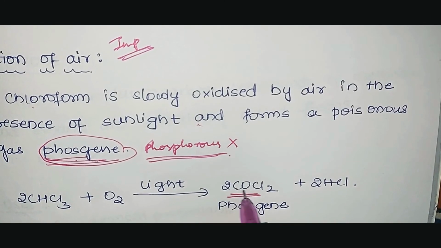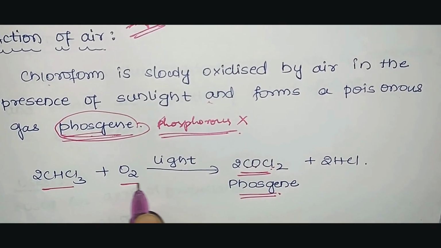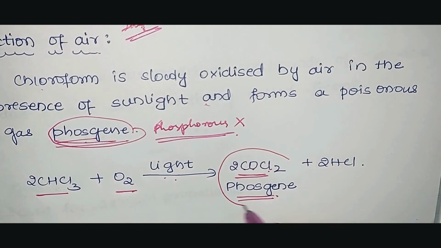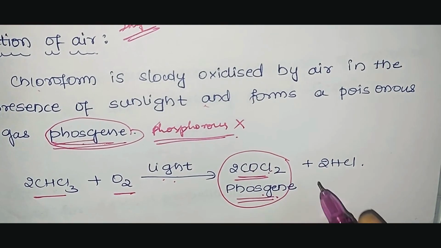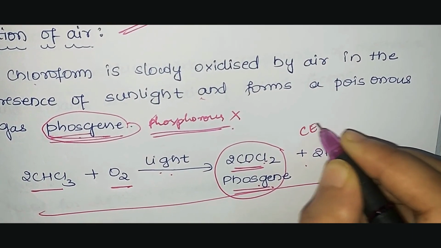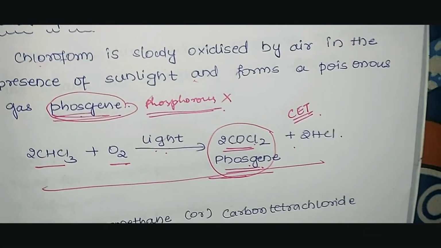It is a compound which contains what? COCl2, and it is called phosgene, which is a poisonous gas obtained due to the oxidation of chloroform. So chloroform reacts with the oxygen present in air in the presence of light and forms a poisonous gas called phosgene. So this is very important for your CET exam. What is phosgene, or what is the chemical formula of phosgene?